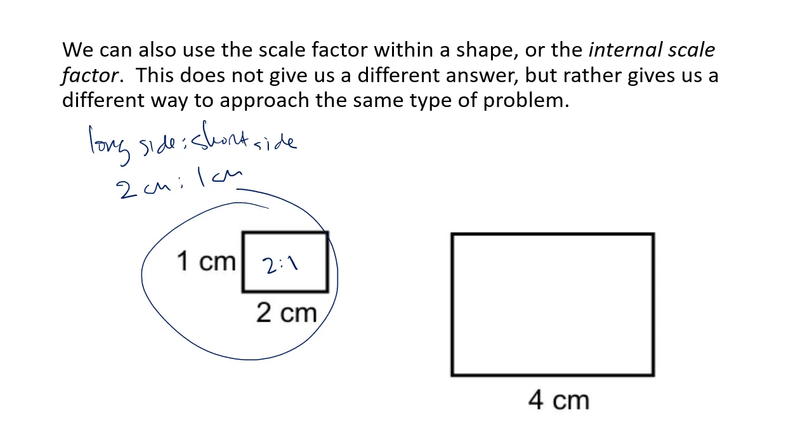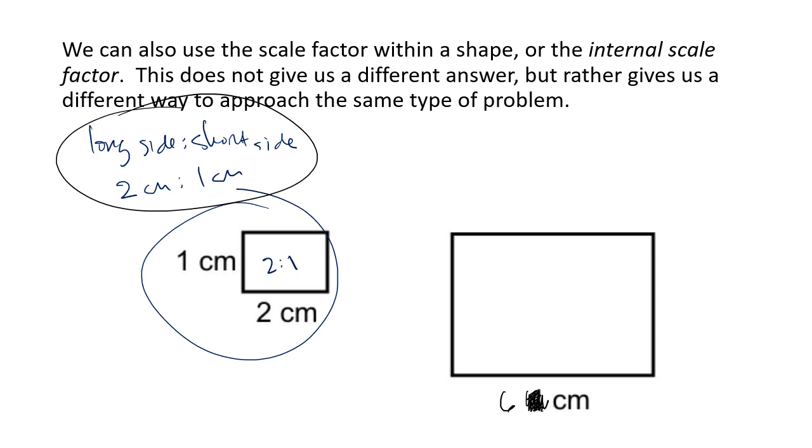To illustrate this, I'm actually going to change this problem, and I'm going to make this 4 into a 6. This will help make clear what I'm talking about with these two scale factors. So if I want to find this short side over here, again, I know that my long side to short side ratio is 2 to 1. So this is my long side.